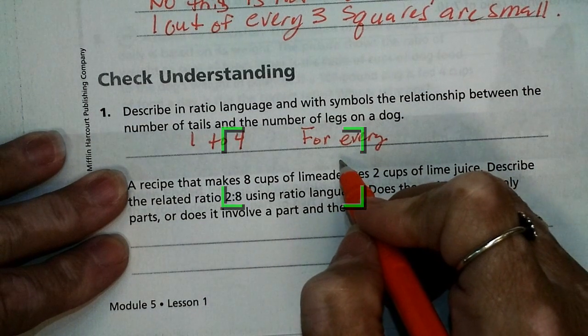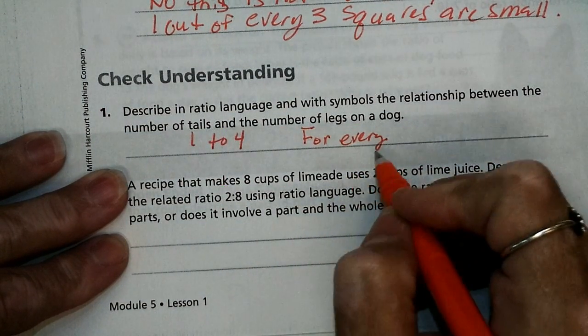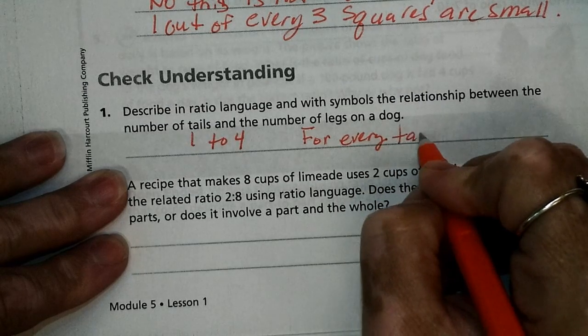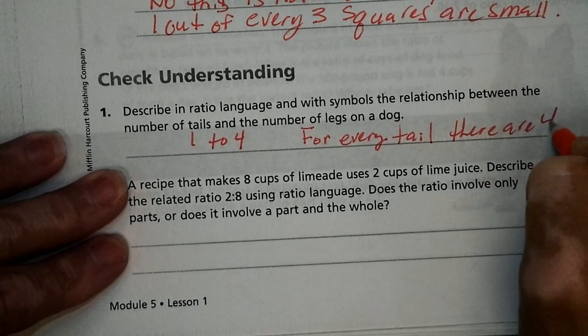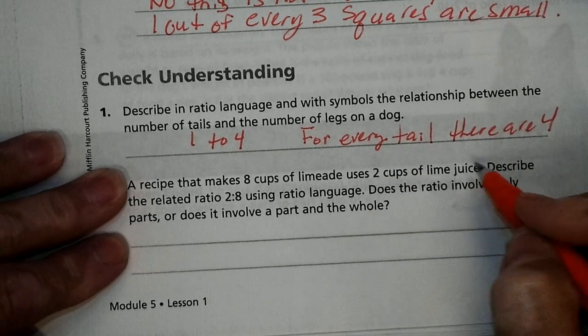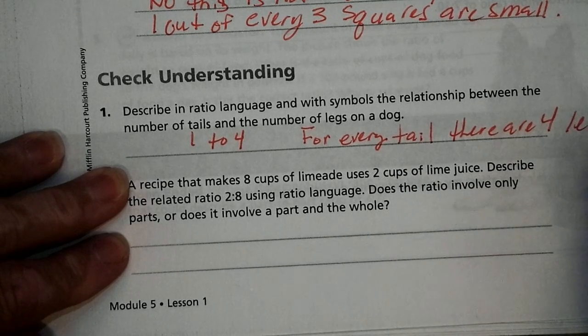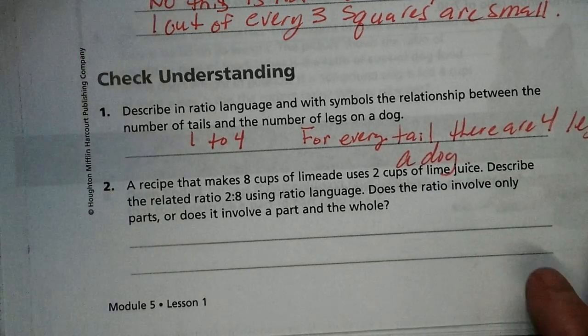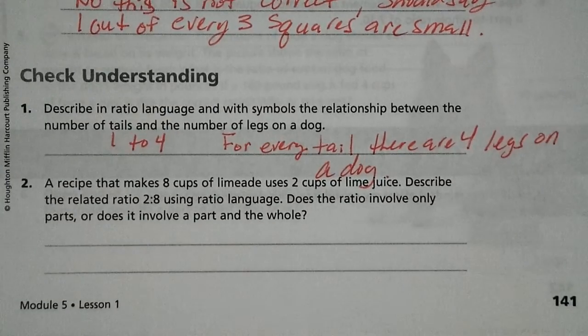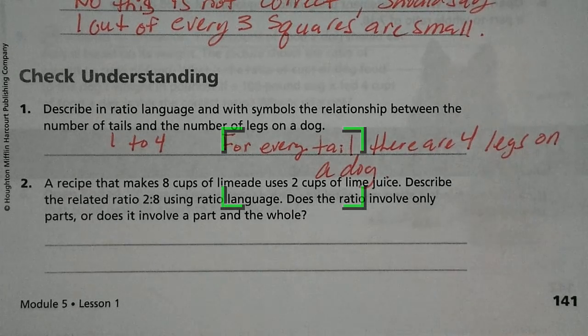I put for every tail, there are 4 legs on a dog. Yep, because he wouldn't say 1 tail, that sounds weird. So for every tail, there are 4 legs on a dog. Okay, what about number 2? Who did number 2? Me. Okay, go ahead.